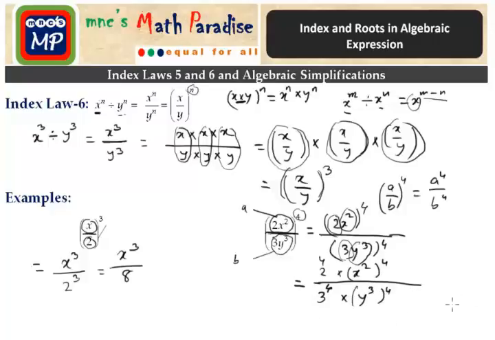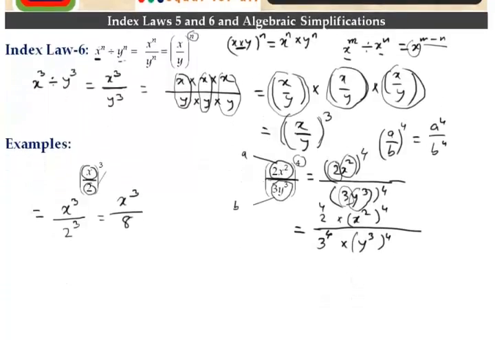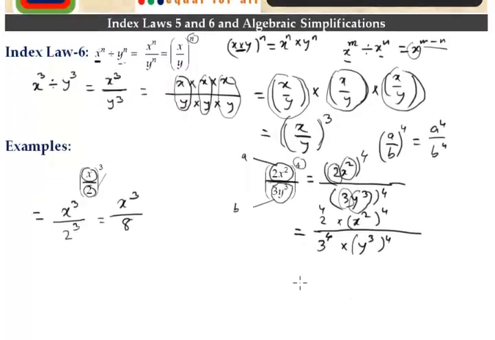So now, 2 to the power 4 means 2 times 2 times 2 times 2. 2 times 2 is 4, 4 times 2 is 8, 8 times 2 is 16. So 2 to the power 4 is 16. Here x squared to the power 4: using power on power, that is law 4, we know that x to the power m to the power n gives x to the power m times n.